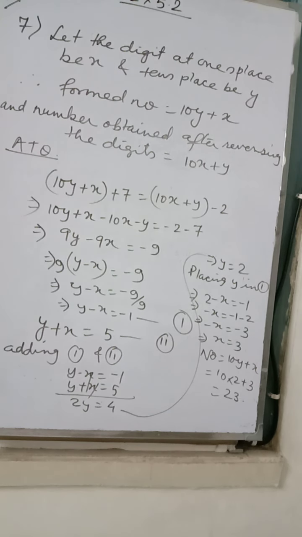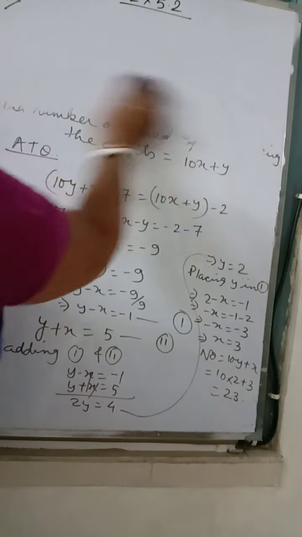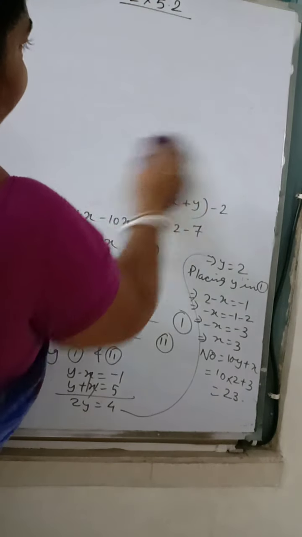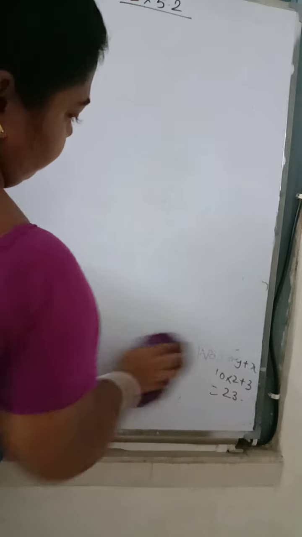It says, let the numerator be x and the denominator be y. So the fraction would be x by y. Now we have 2 situations, and from these 2 situations we are going to get 2 expressions.